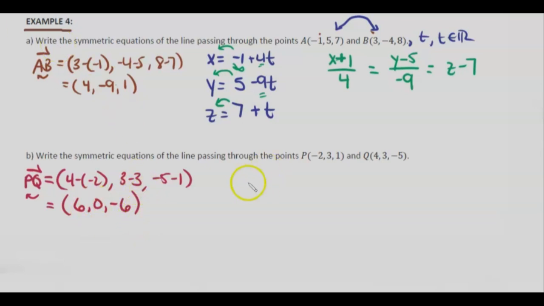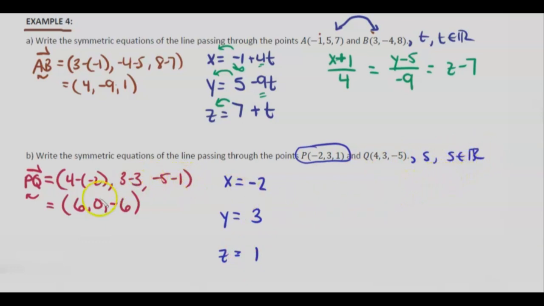So let's write out the parametric equations. We're going to write out a point first. Okay, I'm lazy. I don't even look past this. Let's just use a point P: -2, 3, 1. Now let's introduce the parameter s such that s is an element of the real number system.